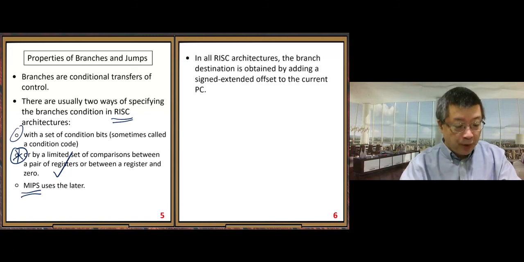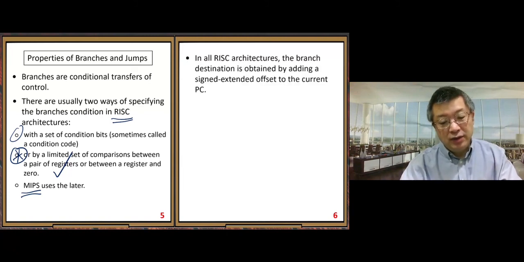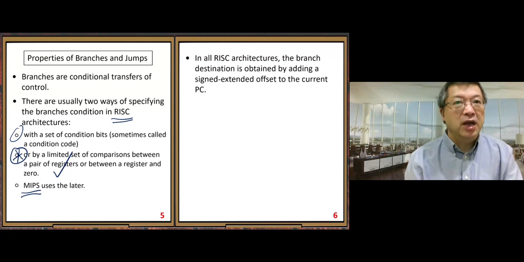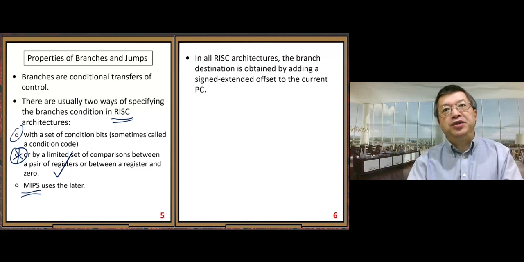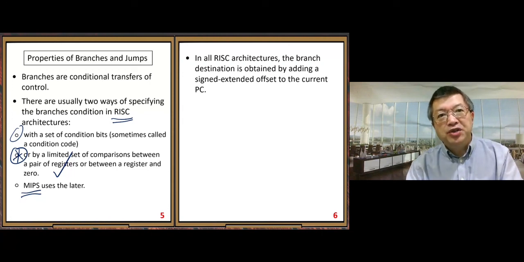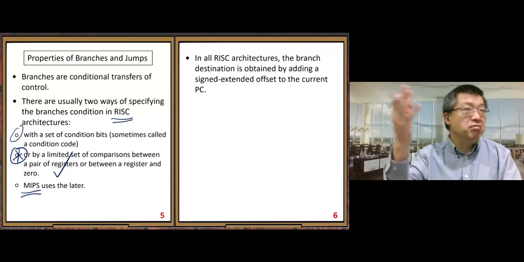All right, the last one. Not the last one, but second to last. In all RISC architectures, the branch destination is obtained by adding a sign extended offset to the current PC.